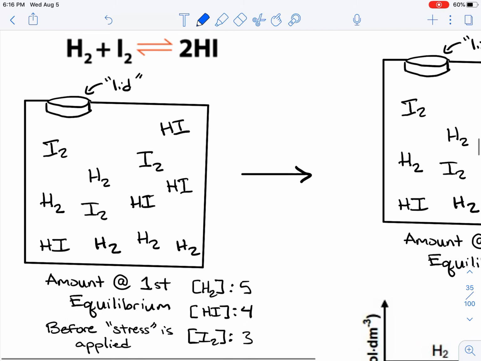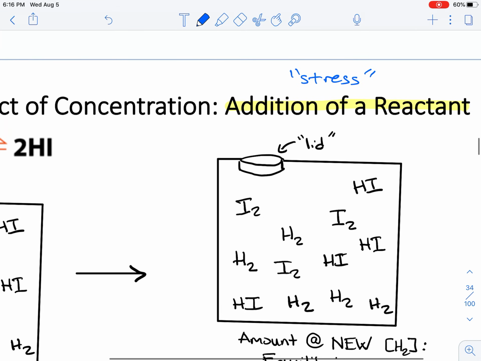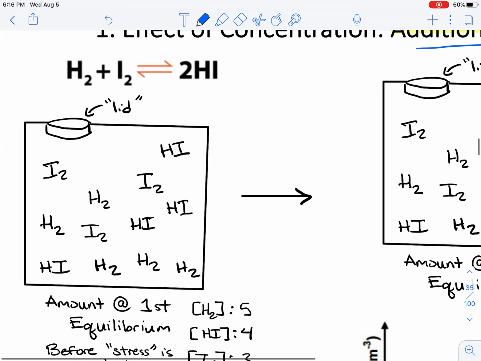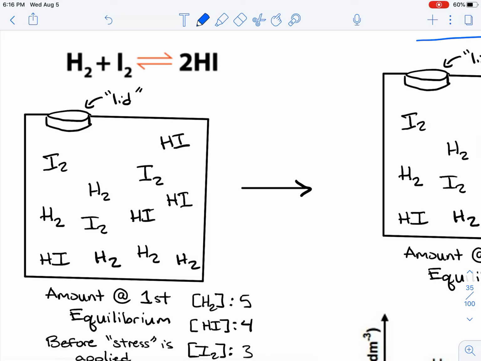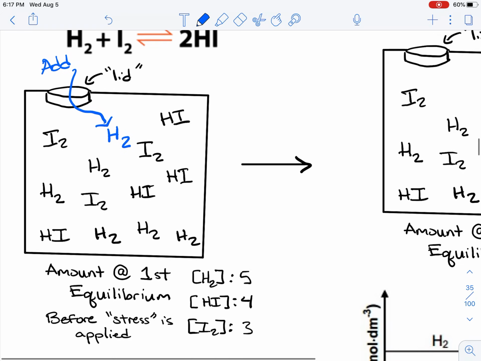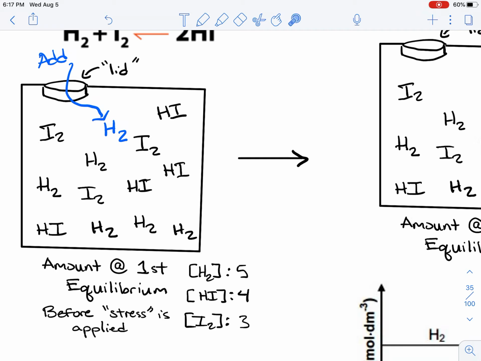And so what I'm going to do is add reactant. I'm going to open the lid and add a hydrogen gas. Even though I just added 1 molecule of H2, you can interpret this as 1 mole of H2, which is 6.022 times 10 to the 23 power.